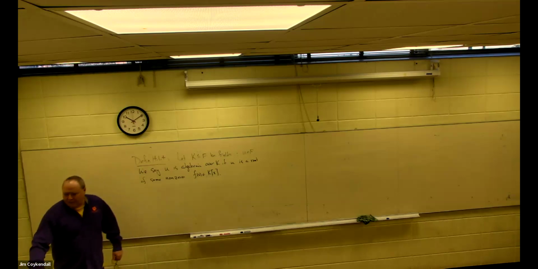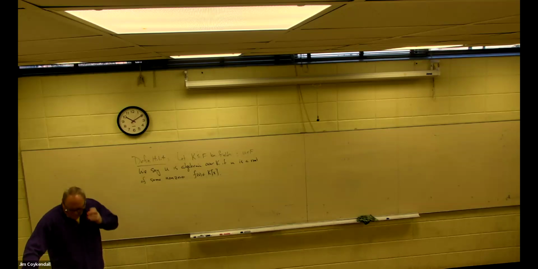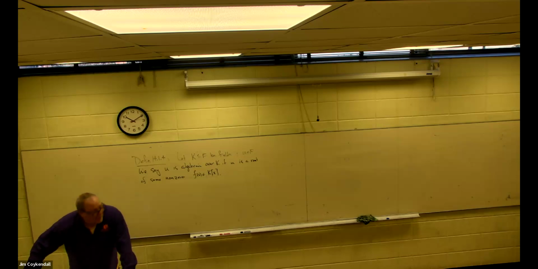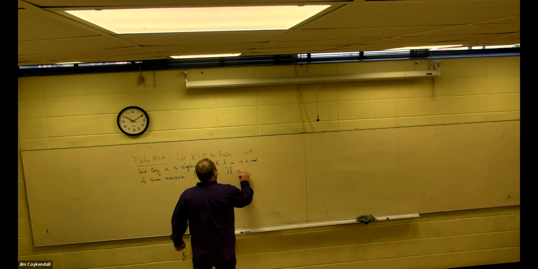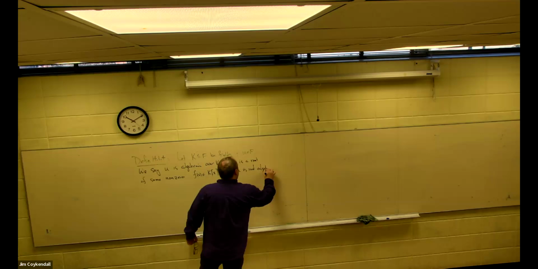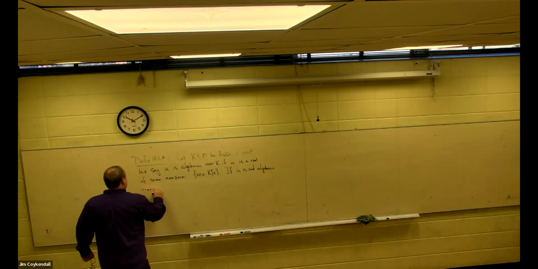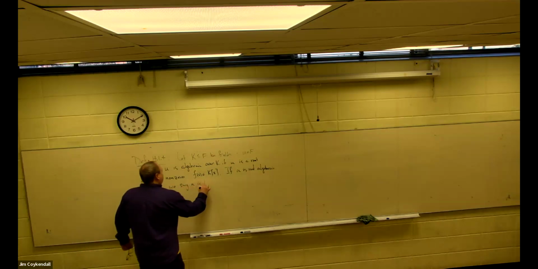So what it means to be algebraic over the field K is it's just the root of some non-zero polynomial, all of whose coefficients are in K. If u is not algebraic over K, we say u is transcendental over K.